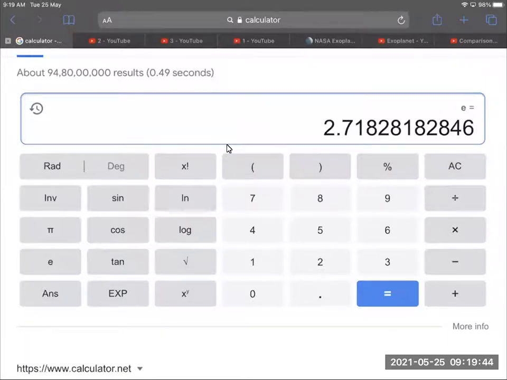Sir, why do we use an irrational number to express those bigger numbers? Oh, this is a very good question. We don't know. Nobody knows. Why pi? Why e?